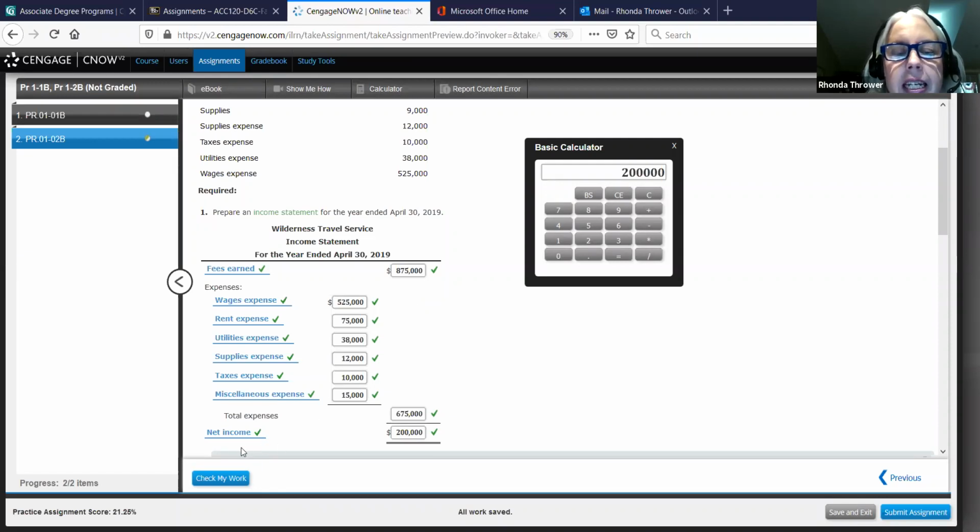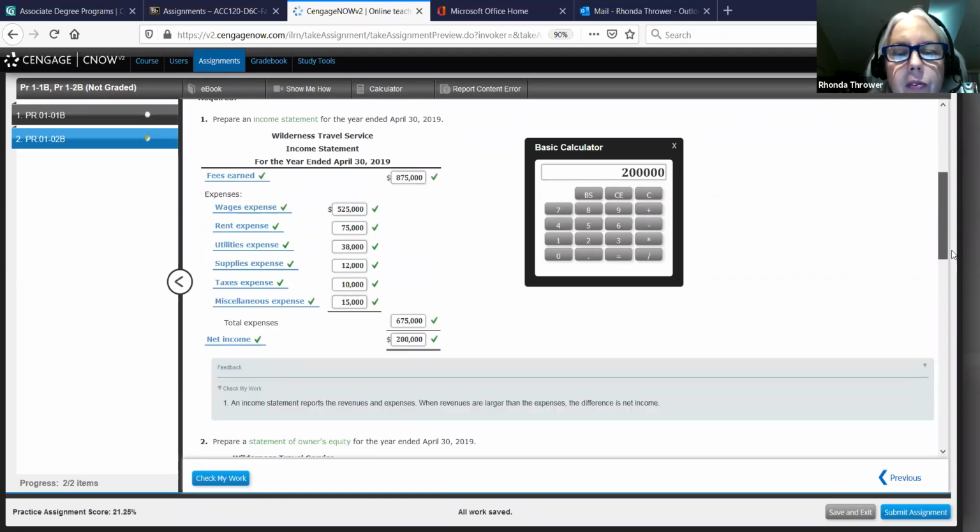If you have a net loss, there will be a decrease in your total owner's equity. So to find net income, we compare the amount of the revenue to the amount of the expenses. If our revenue is larger than our expenses, we subtract and we will determine that we have net income. Net income adds to owner's equity.